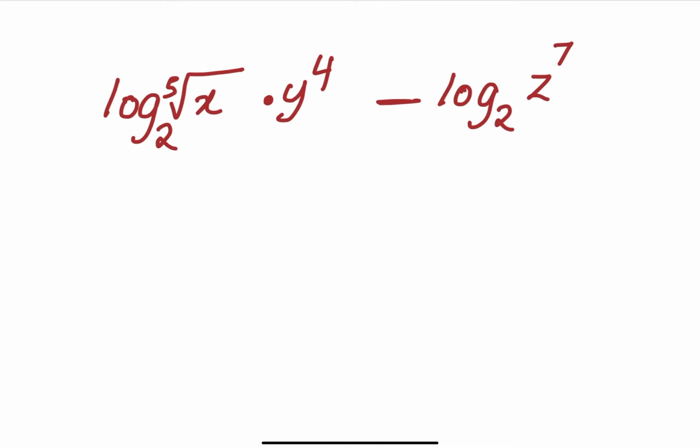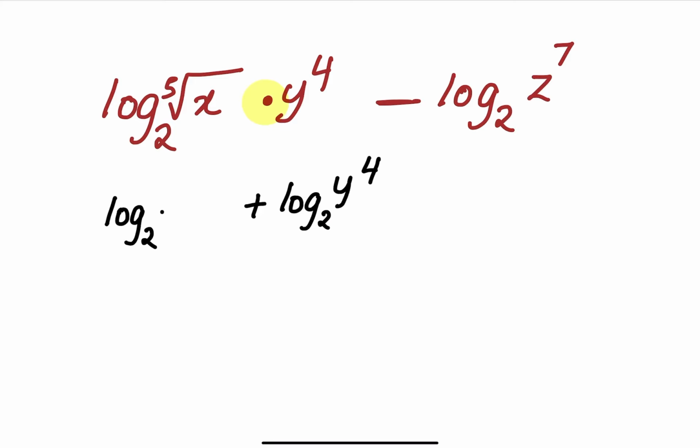Now let's zoom in. I do identify another operation, which is multiplication. So single log becomes double log. The bases stay the same. Log y power 4, 5th root of x, minus log z 7 base 2. I still see a power, and a power. What do? Powers go right up in the front.